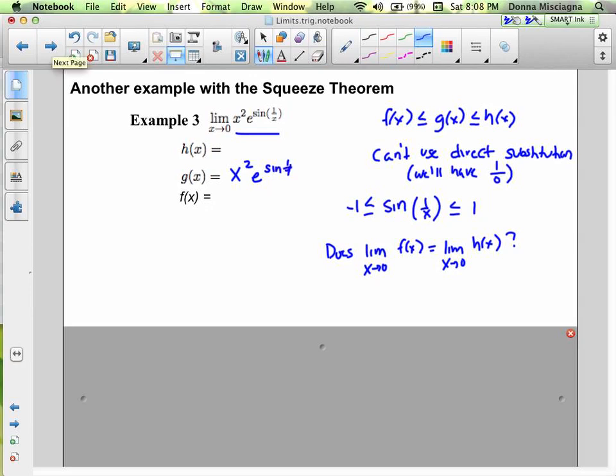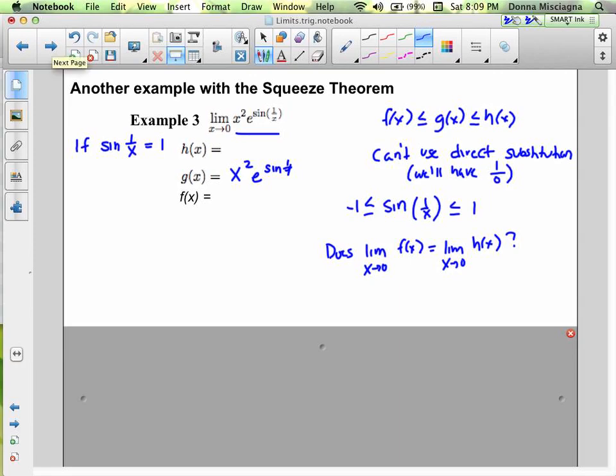All right, so now we have to think about what the other functions are going to be. What if sine 1 over x is as big as it can be? Actually, let's go as big because h of x is the biggest one. If it's as big as it could be, it's 1.